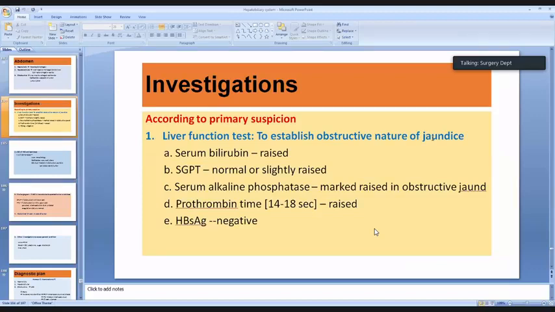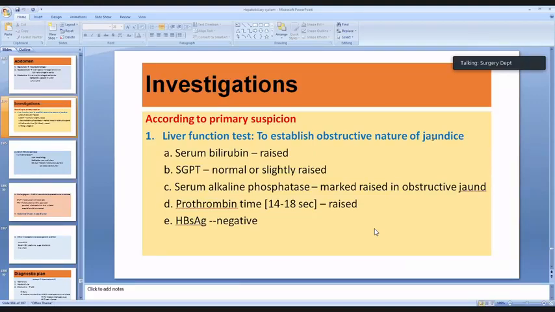And in obstructive jaundice, in addition to raised bilirubin, the intracellular enzymes may be mildly raised, but serum alkaline phosphatase, which is situated in the bile canalicular membrane, will be markedly raised, more than 2.5 times. Prothrombin time will be prolonged or raised. So, observing the liver function test carefully, we can assess the type of the jaundice.